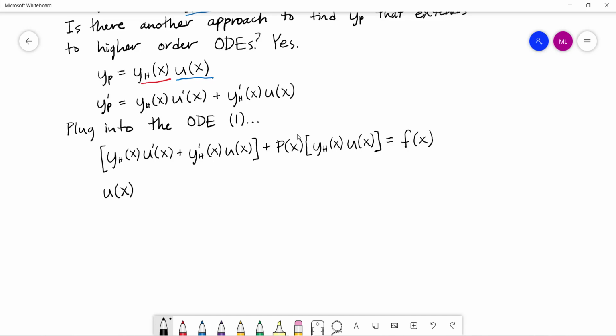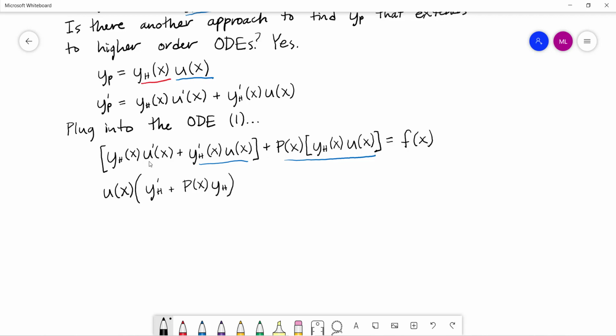Let's do the u of x terms: this term and this term grouped together. I've factored the u of x out, and I'm left with just the y terms: y homogeneous prime plus p of x times y homogeneous. These two terms together come right here, and they both have the u of x, which got pulled out.